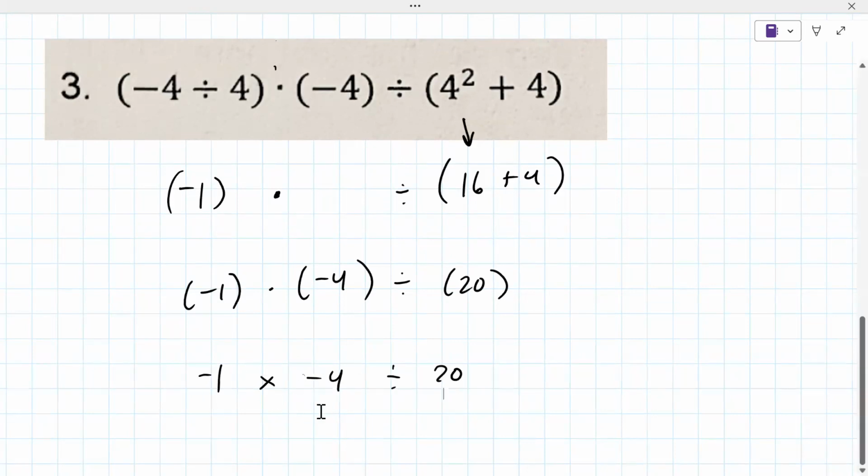All right, so give this a try. Start from left to right. So -1 times -4 is 4. Yep. So that's 4 divided by 20. Now, the order does matter.